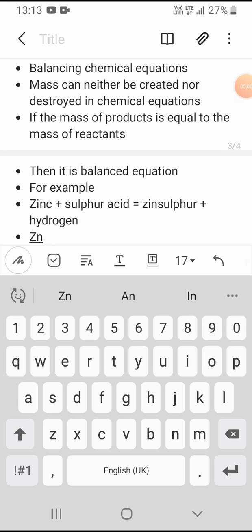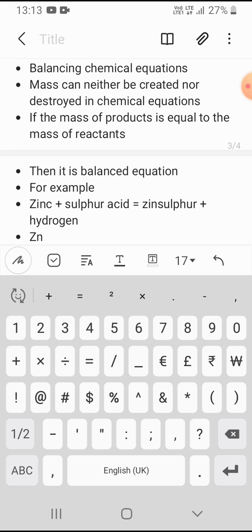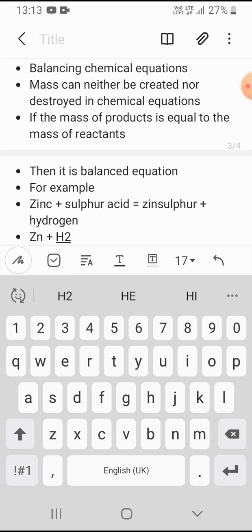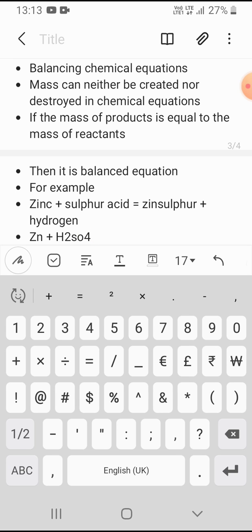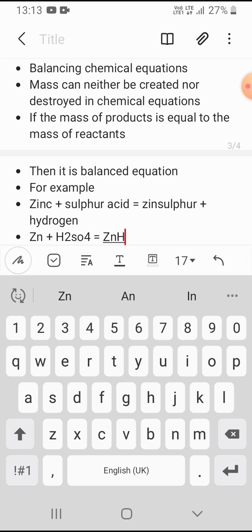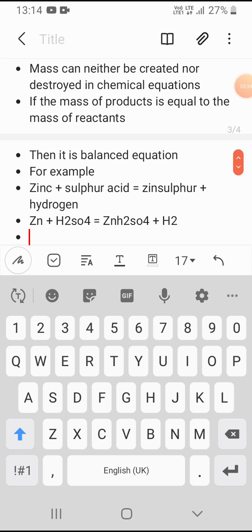Zn plus H2SO4 gives ZnSO4 plus H2, hydrogen, we get.